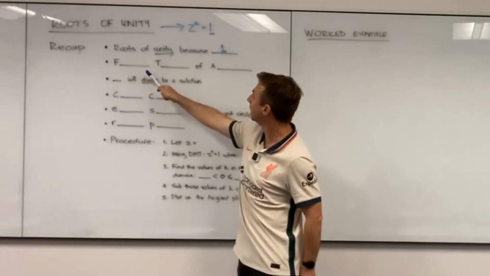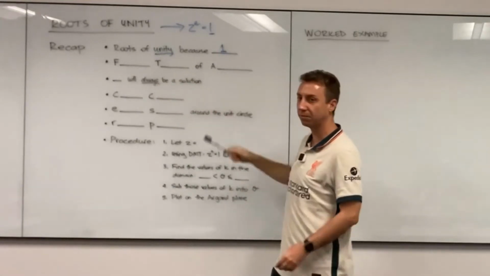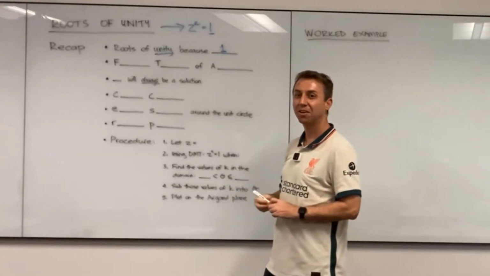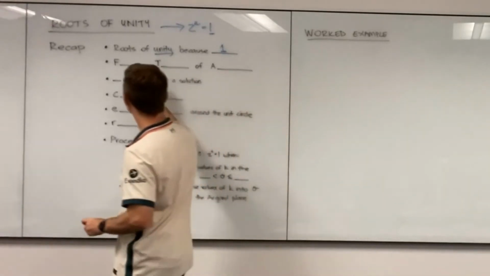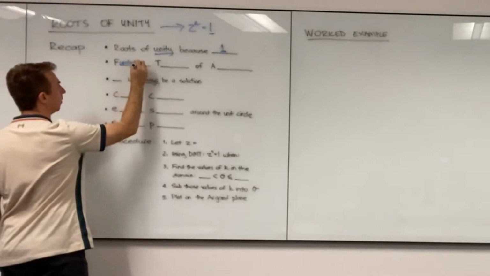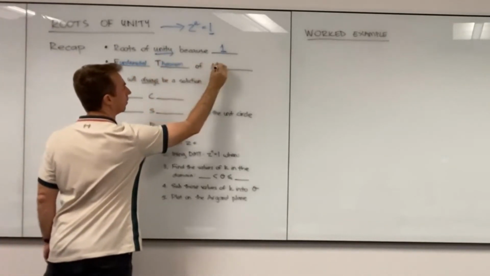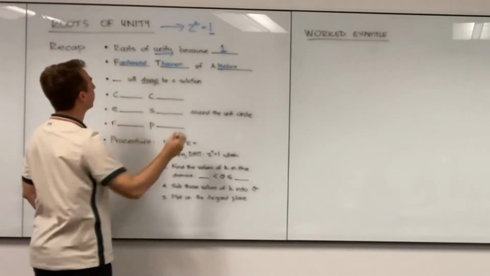Does anyone want to guess what these letters stand for? Something, something of something? Fundamental Theorem of Algebra, very good. And what's the deal there? Why is that useful to us today on roots of unity? To find out how many roots you have by looking at the expression. Perfect.